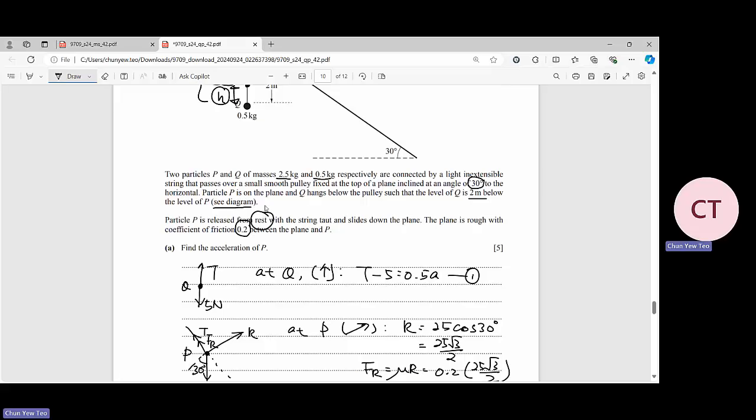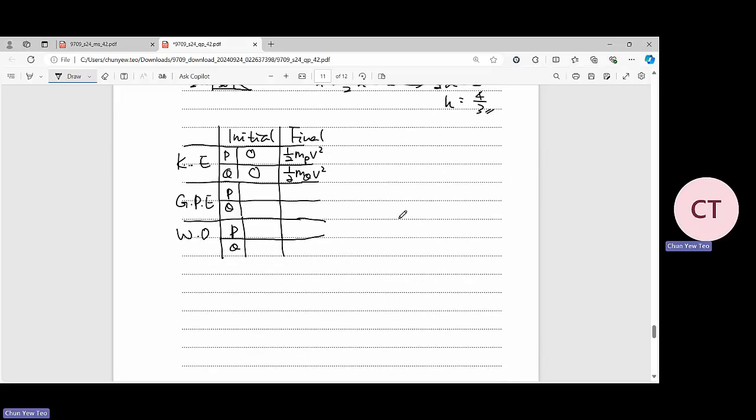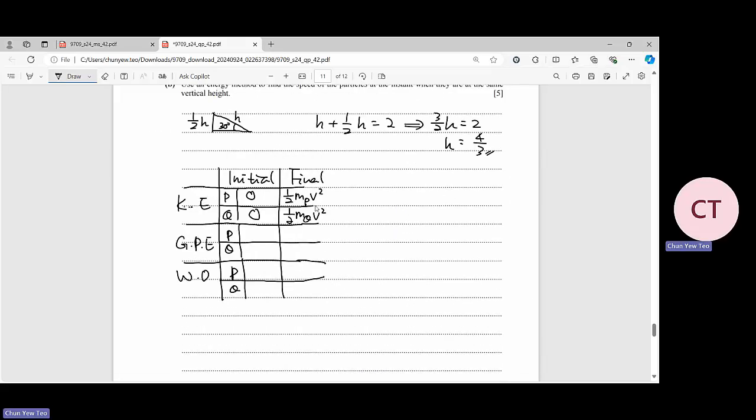So at the beginning, both P and Q have no KE, but at the end, when they are at the same level of height, they both have KE.